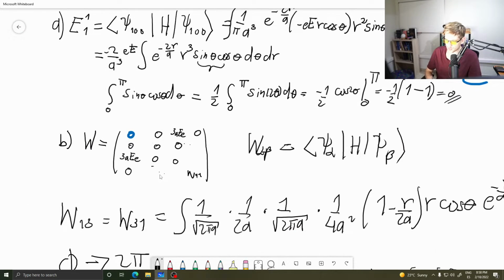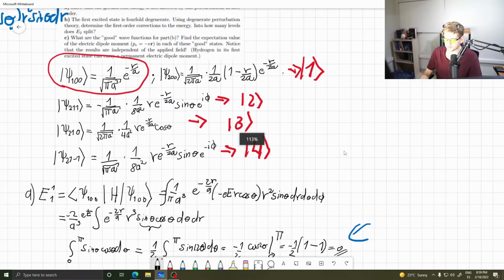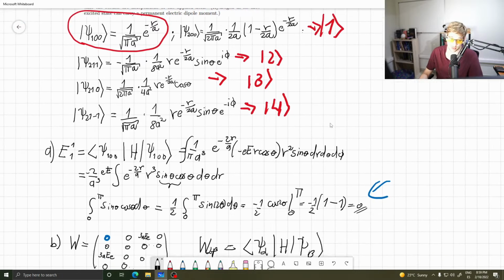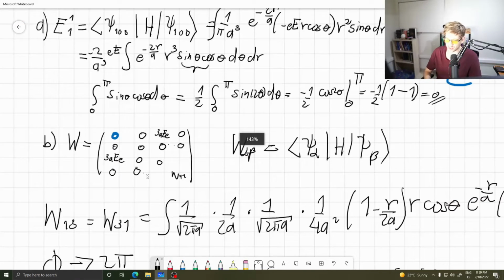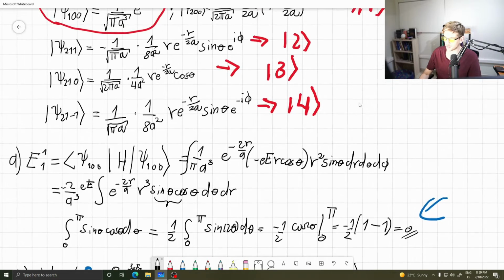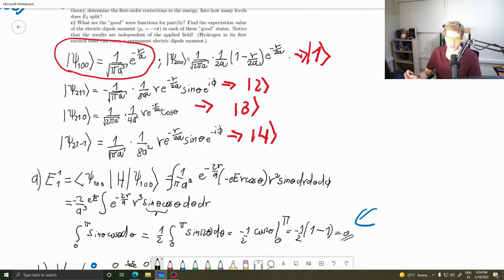So also 0, also 0. Now we only need to check these three parts. So W34 and W44. W34 instantly 0. e to the minus i phi all by itself. 0. We already saw that. We don't even need to go further. That's 0. W44. What about that? So in W44, the e to the minus i phi, it would cancel out, right?